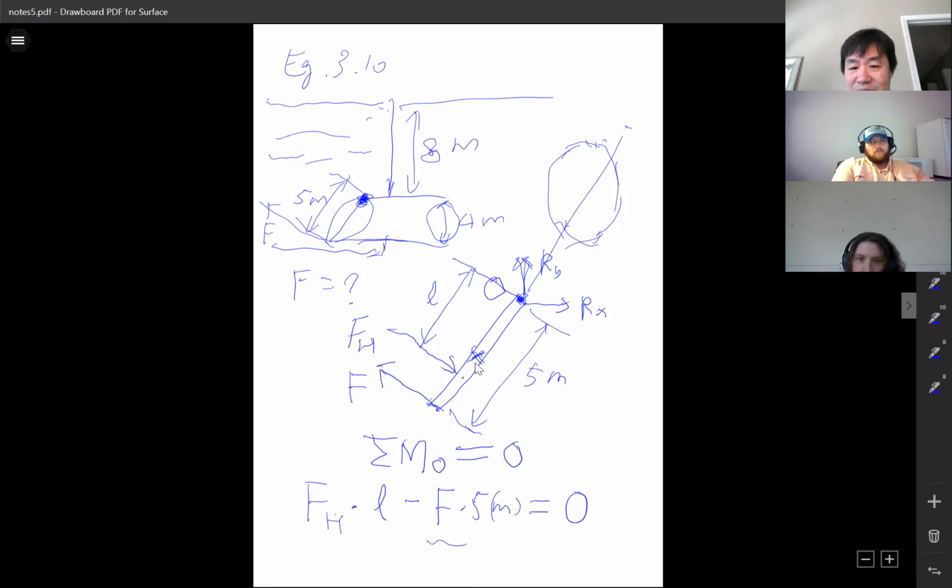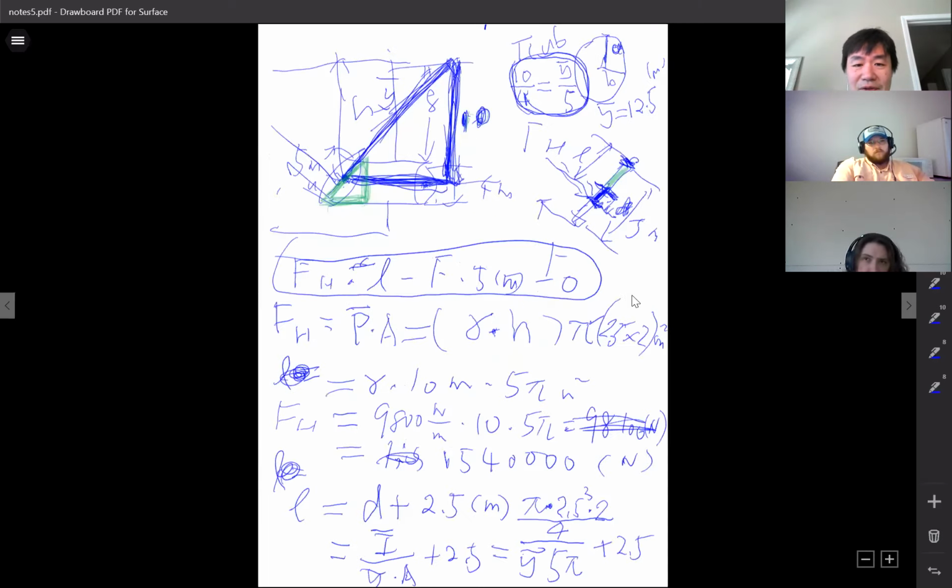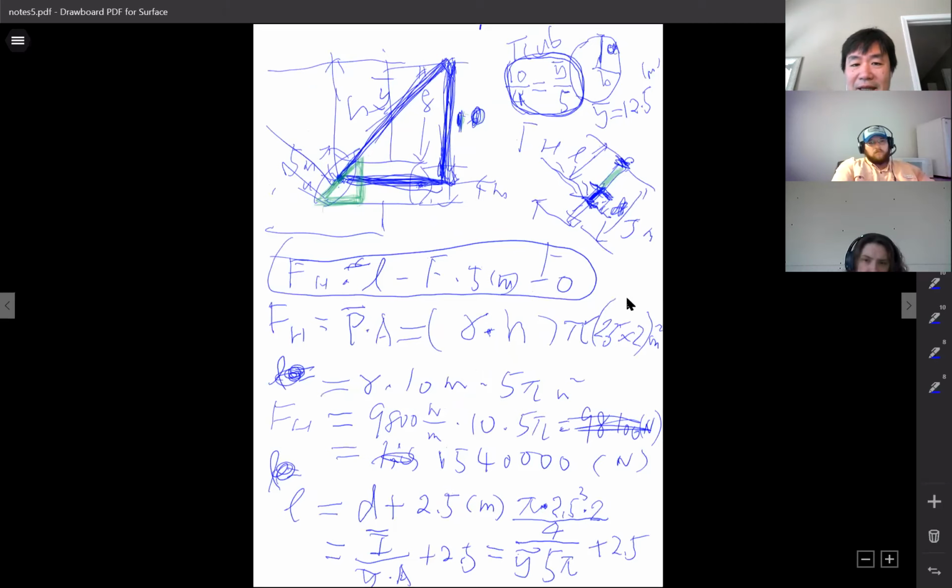So that equation tells you the distance between the two points, which is more often used in solving problems. So you can exclude the distance between the water surface and the plate, okay? So I guess that's the key for solving plane force problems, okay?